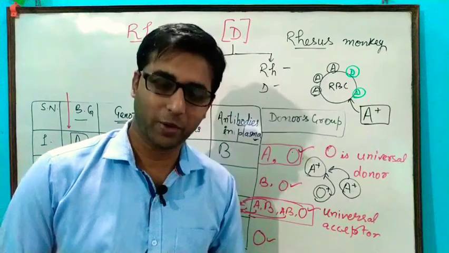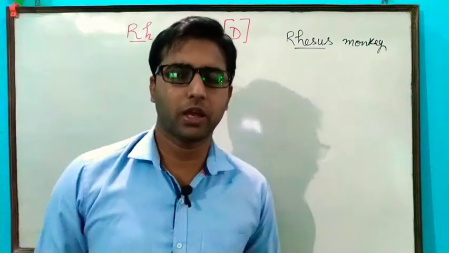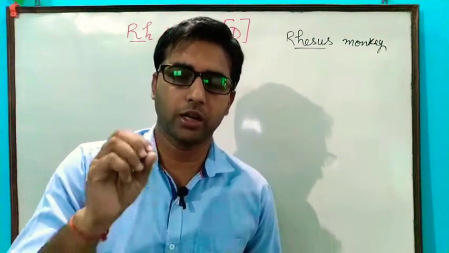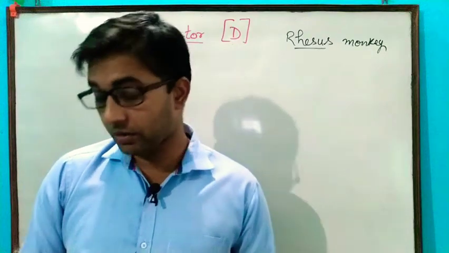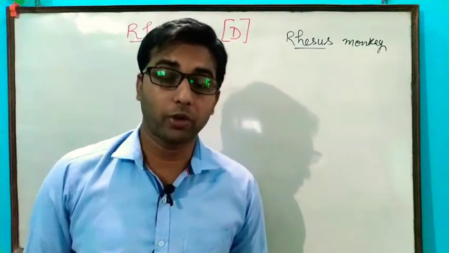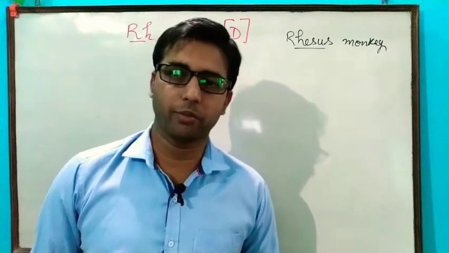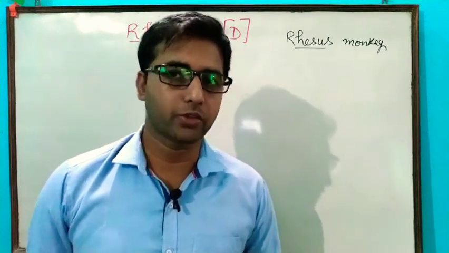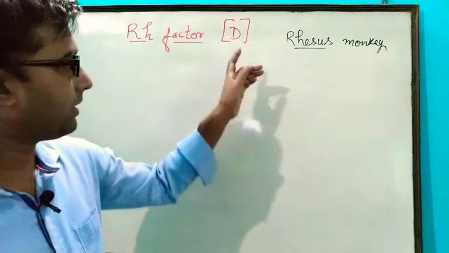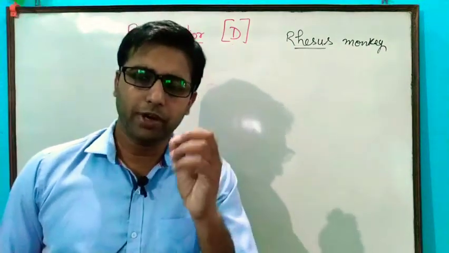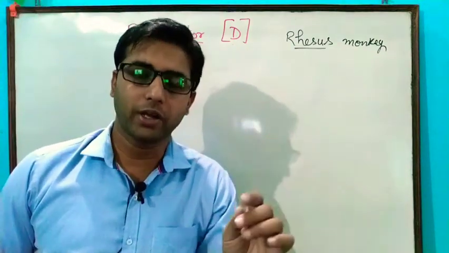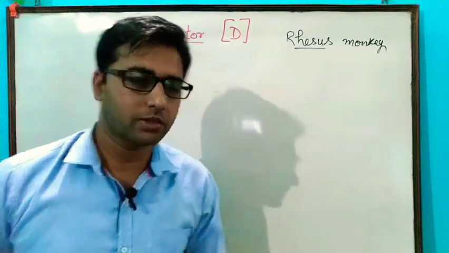Am I clear? Good. As you know, blood groups were discovered by Karl Landsteiner, and in Rh grouping or Rh factor, Karl Landsteiner also plays a very important role in the identification of the Rh factor. That is the factor which was initially found in Macacus rhesus.